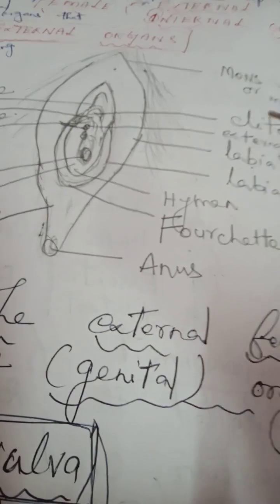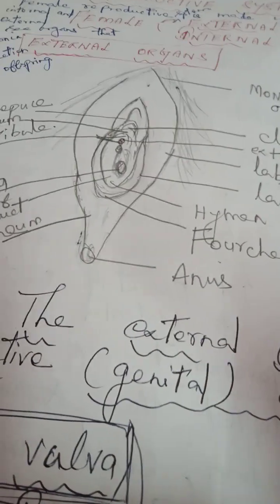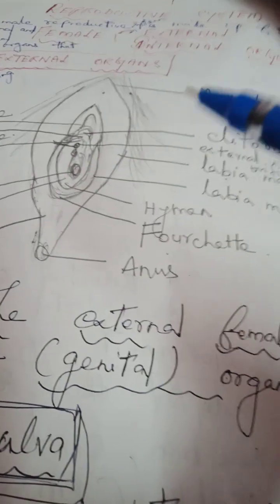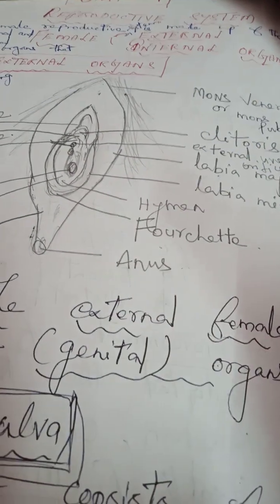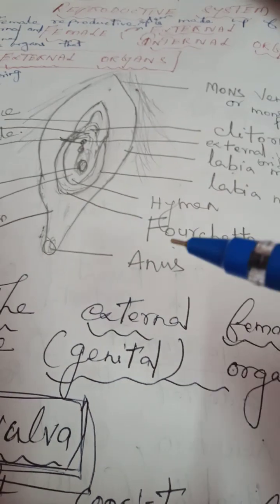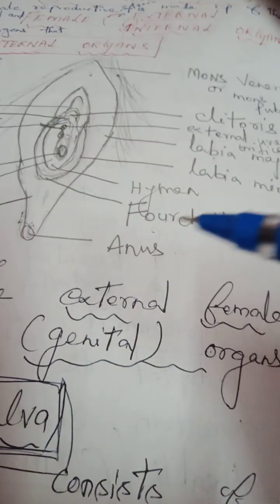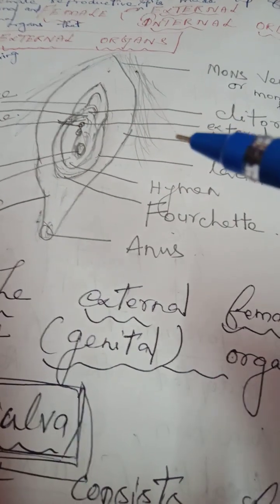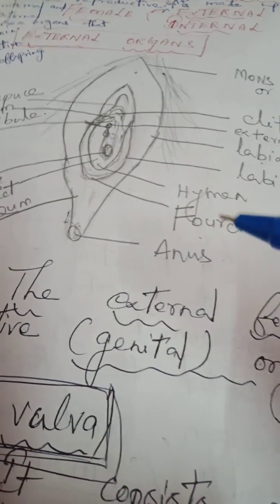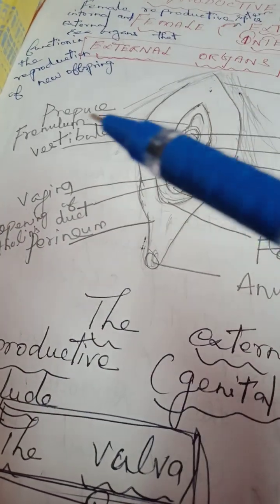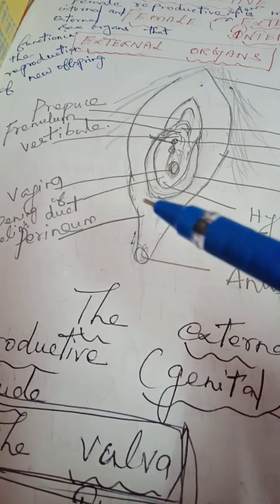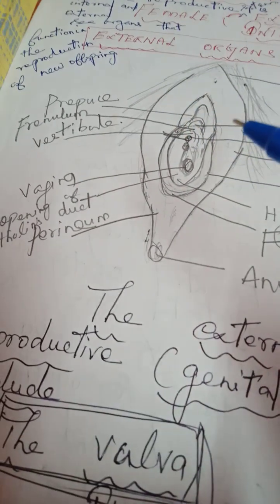So till now we have seen the female external genitalia. There are the mons pubis or mons veneris, the labia majora and labia minora, the clitoris, the fourchette, the frenulum, and above that the prepuce.